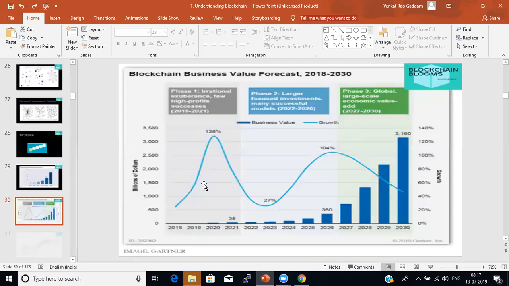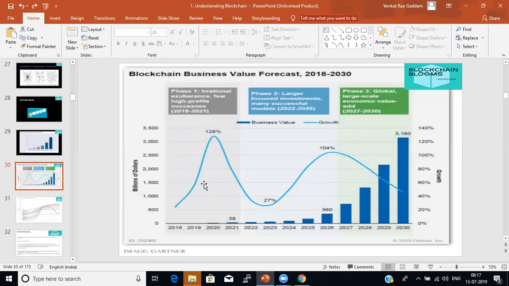Also, this diagram was published by Gartner. Gartner forecasted for the next 10 years, and they divided the phases in the blockchain: up to 2021, from 2022 to 26, and 2027 to 2030. See the graph.